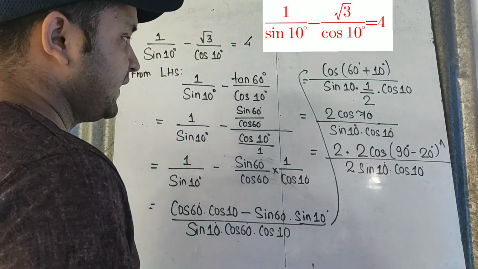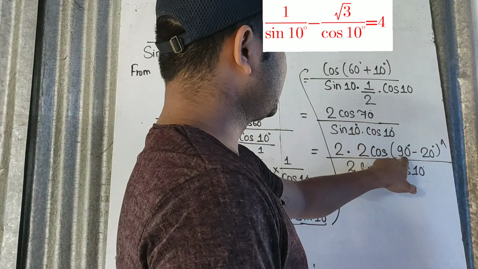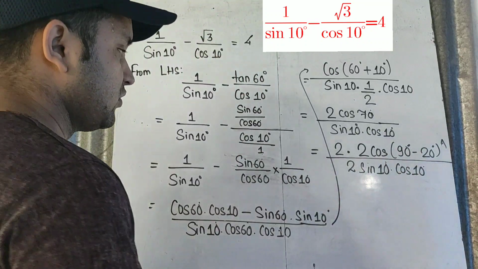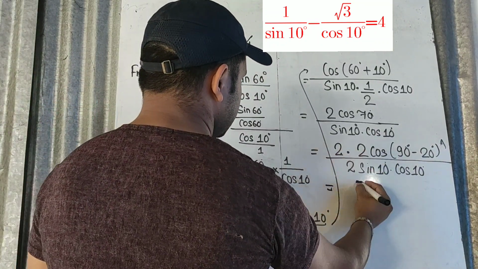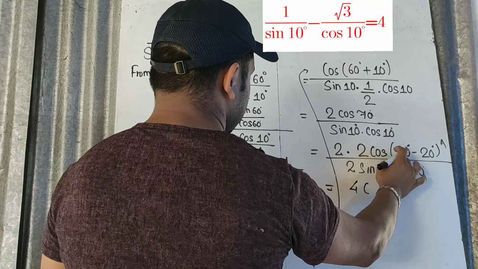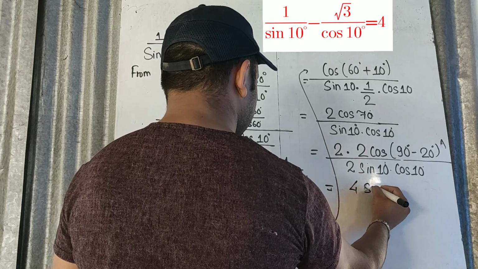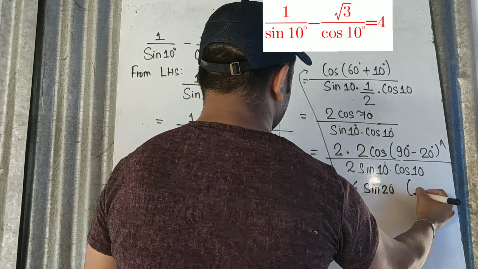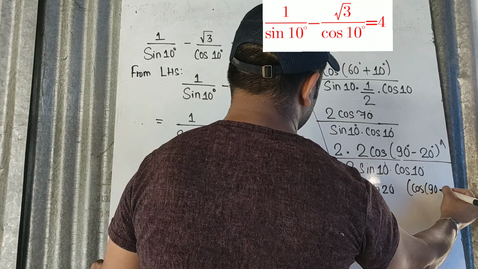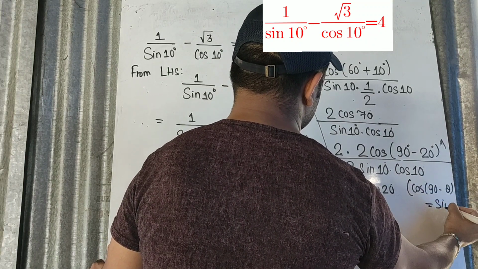Now you might be wondering why we change this 70 into 90 minus 20. You will know the reason later. 2 into 2 gives you 4. Cos 90 minus 20 is sin 20, because we have the formula cos 90 minus theta equals sin theta.